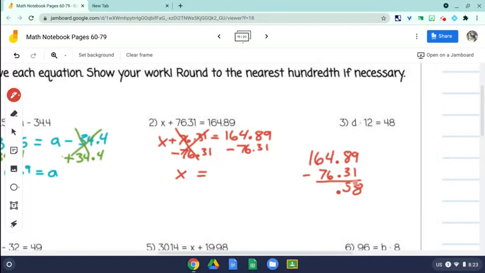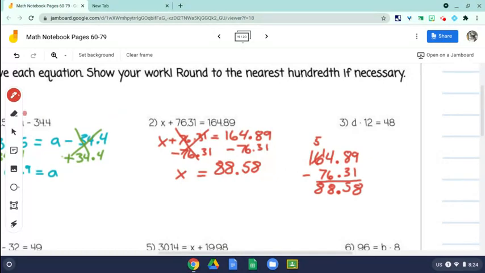Subtracting, so I'm just going to drop the decimal down. 4 minus 6, I can't do that. I'm going to borrow from the 6, make that a 5. 14 minus 6 is 8. And then 5 minus 7, I can't, but I could do 15 minus 7, and 15 minus 7 is also 8. So the answer is 88 and 58/100ths.